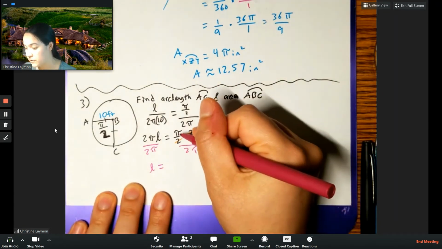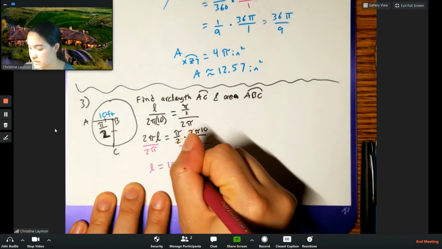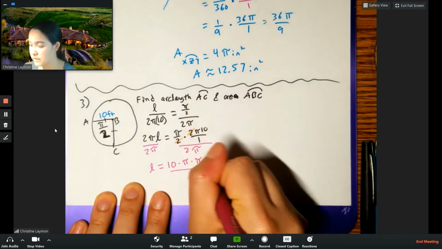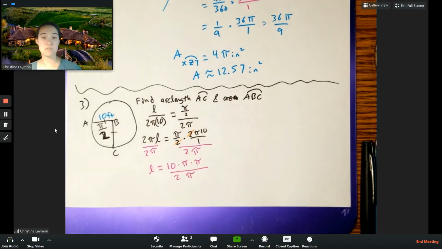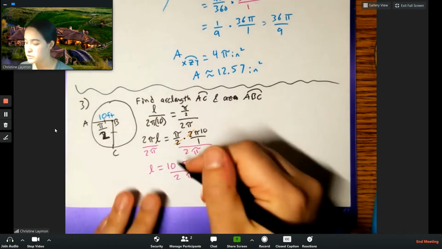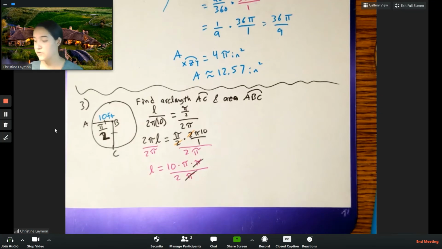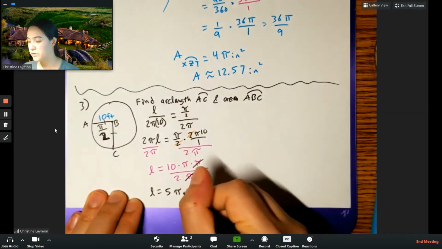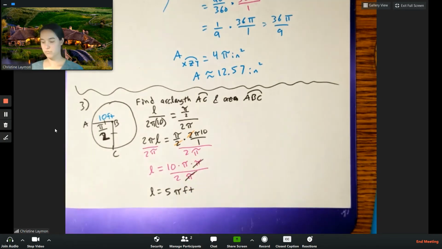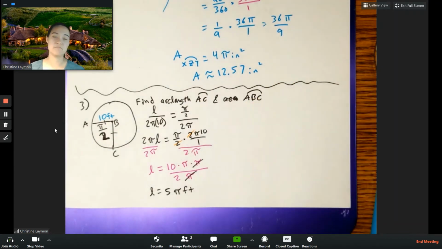I have pi times 10, so 10 times pi, and in the bottom, I now just have 2 pi. Well, some of that cancels out. These pi's go away, and 10 divided by 2 is 5, so my arc length is 5 pi, and the units are feet. So again, that was using ratio method. Alternatively, I could have simplified this up here and then gone forward from there. Your choice.